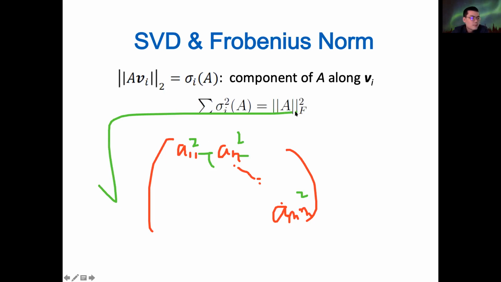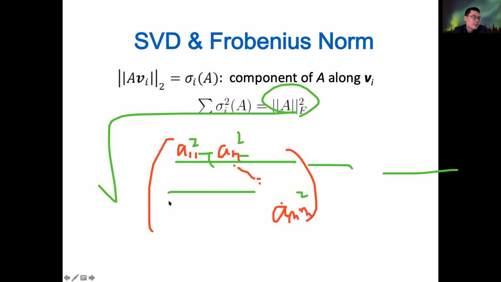Another way to look at it is to vectorize the matrix: you list the first row, then the second row, then the third row, and compute the L2 norm. It's basically every element squared, then the sum, then the square root.